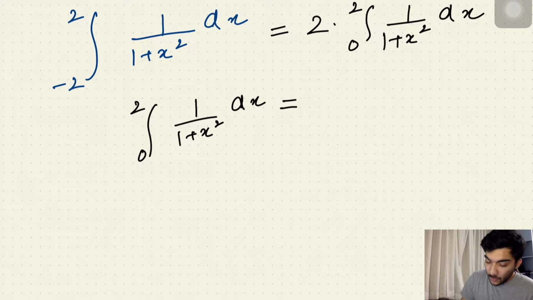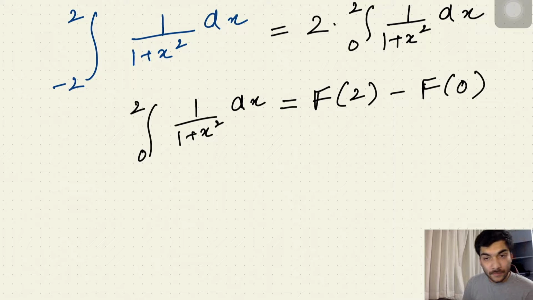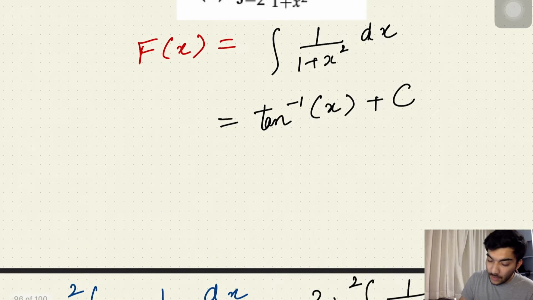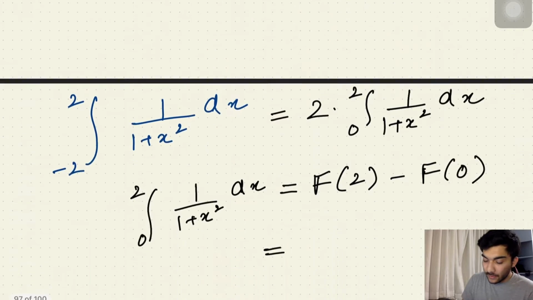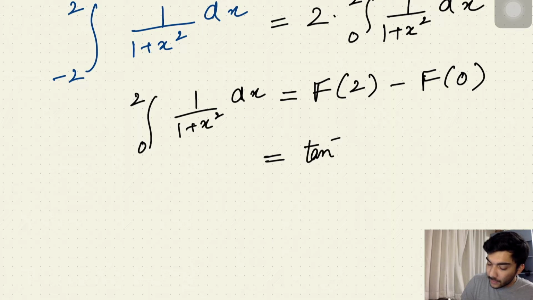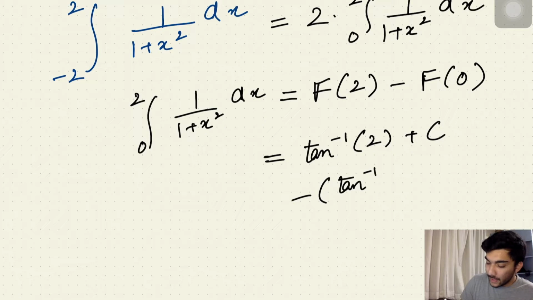So it would simply be capital F of 2 minus capital F of 0. Since our capital F of x in this case is tan inverse x plus c, let's substitute the x values. The first value is x equals 2, so it would be tan inverse 2 plus c, and we are subtracting tan inverse 0 plus c again.